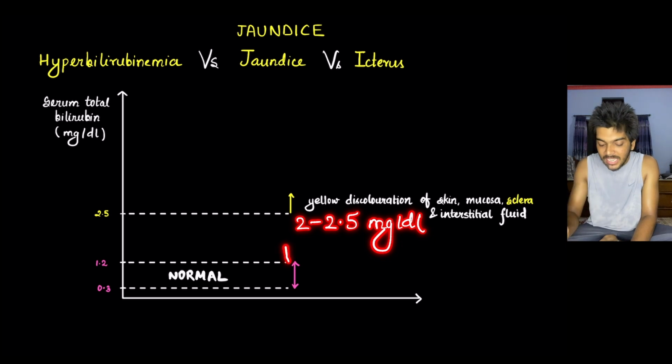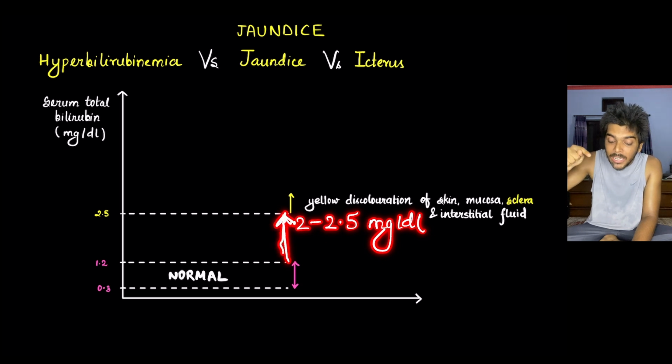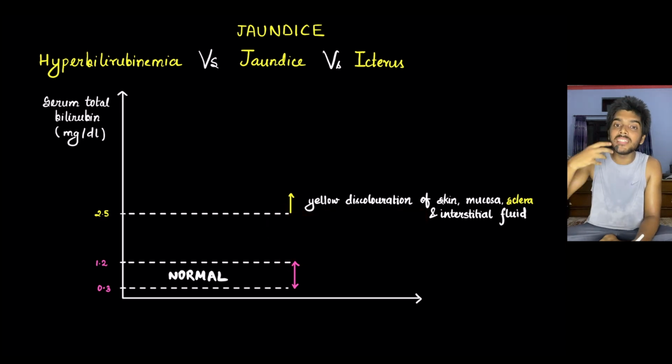So there is increase in bilirubin, yellow discoloration is not seen. There is hyperbilirubinemia, but yellow discoloration is not seen. And then at a significant level of hyperbilirubinemia of around 2 to 2.5 milligram per deciliter, finally yellow discoloration is appreciated, and this is called jaundice.